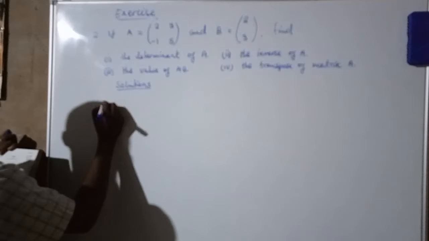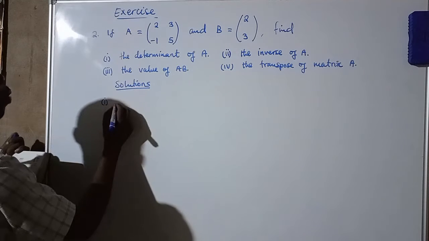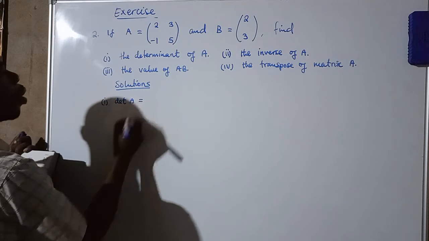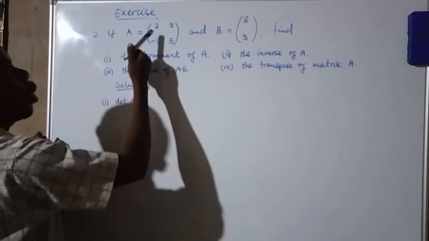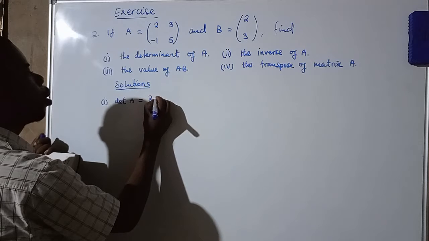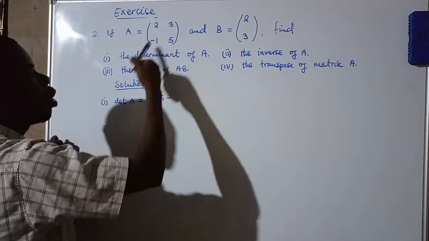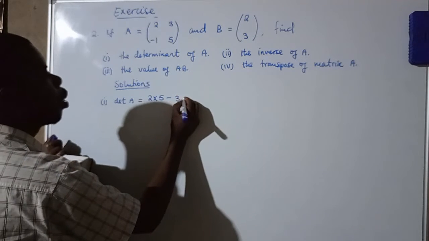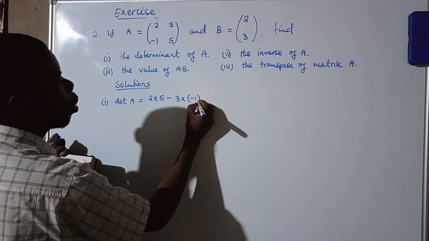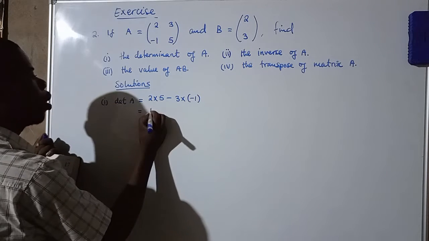So that one, we are told to find the determinant of A. So we say the determinant of A is equal to the multiplication of the elements in the major diagonal, which is 2 times 5, minus the multiplication of elements in the minor diagonal, like 3 times, open brackets, negative 1, like that. Then you say 2 times 5, which will be 10.